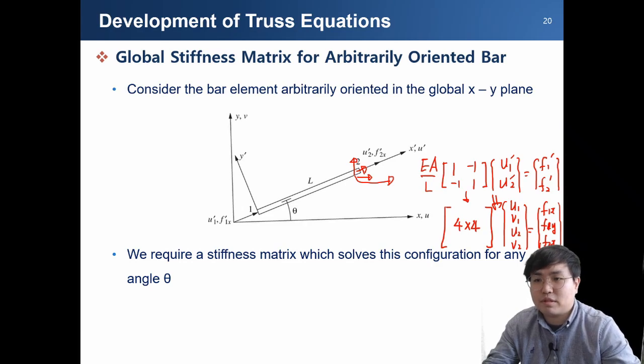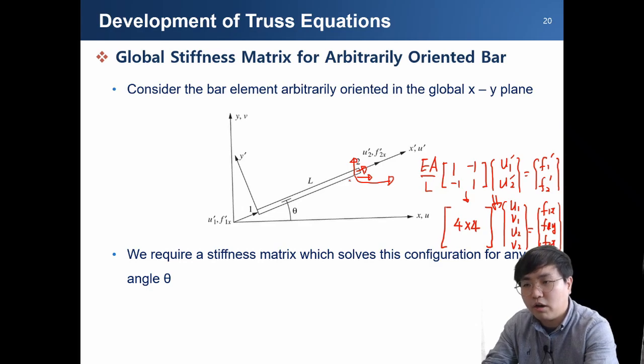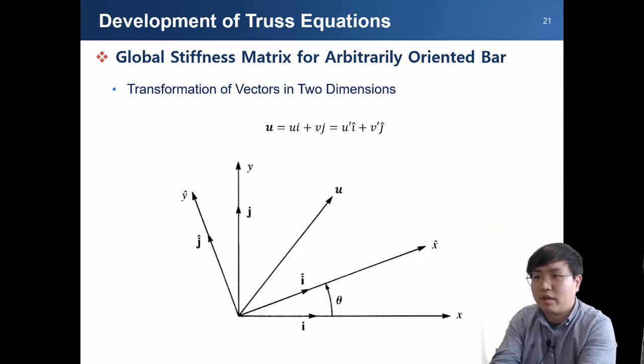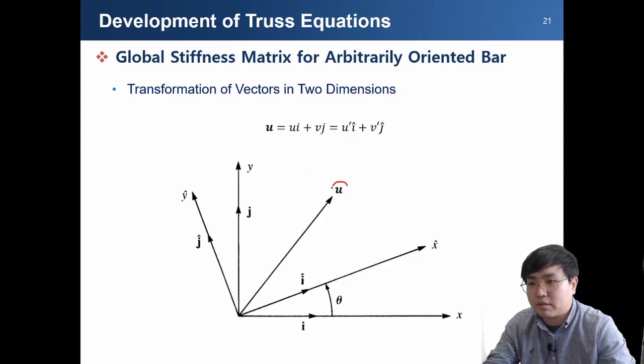To derive this transformed global stiffness matrix, we should first check the vector transformations. Here I prepared a simple arbitrary vector u. This vector can be expressed in both coordinate systems.